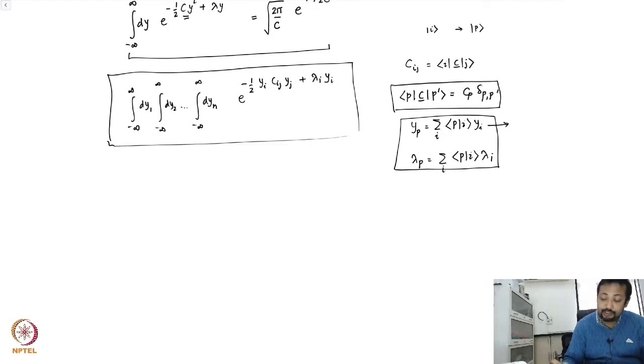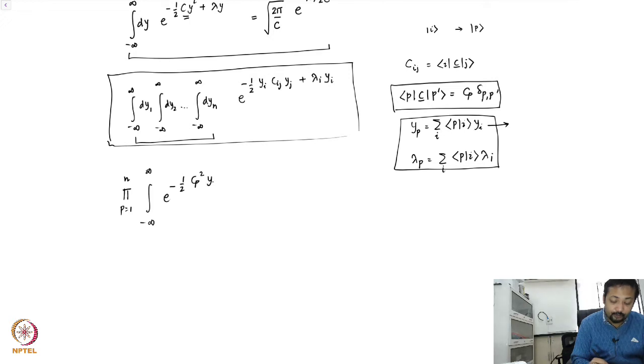You can use this relation to determine the Jacobian of this matrix, and your integral now, this whole part, becomes the product over p equal to 1 to n of the integral from minus infinity to plus infinity of e to the power minus half cp yp square plus lambda p yp, which is going to be the product over p of twice pi over cp raised to the power half, e to the power lambda p square over twice cp.